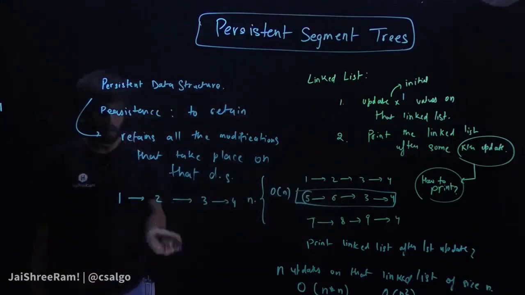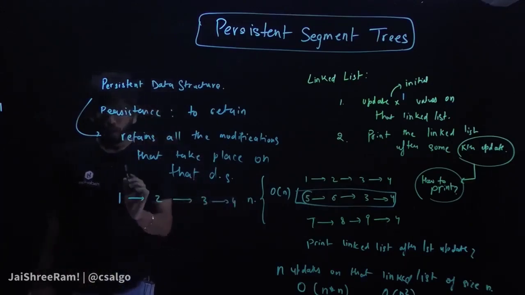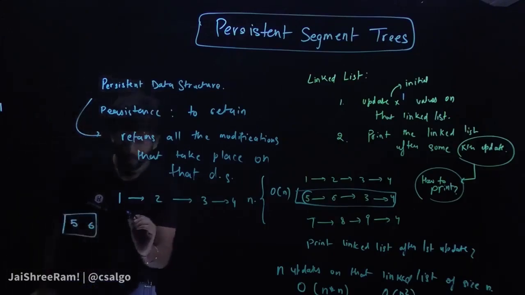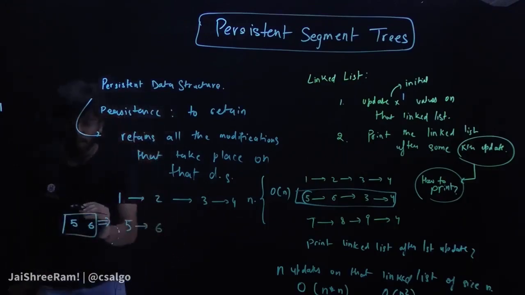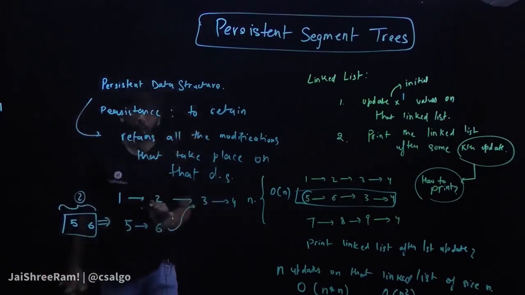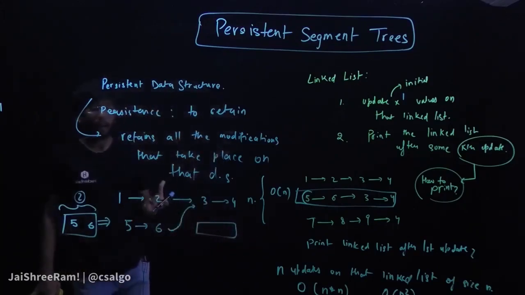Since we know that the other two elements of the linked list would remain the same, I'll write 5 and 6, and now since these are two elements, I'll attach it to the third element in the previous linked list, and this gives me a reduction because I do not need to create the entire linked list again.